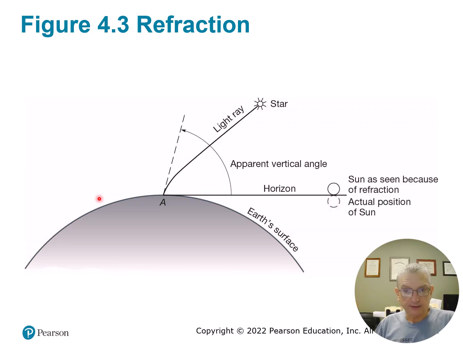And so the same thing basically happens if we're looking along the horizon towards the sun, we're seeing the sun higher than it actually is. The sun is actually below where we're seeing it, because the rays from the sun, if you can see this from my pointer, and I wish they had drawn this, are basically coming in like that and refracting around the Earth's, probably the Earth's gravitational field.